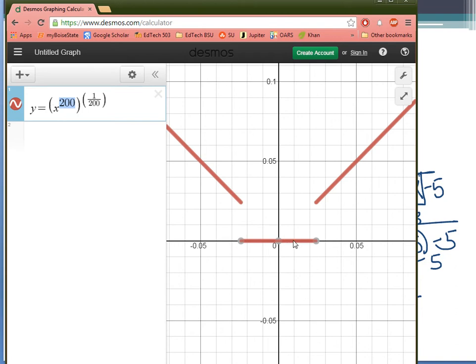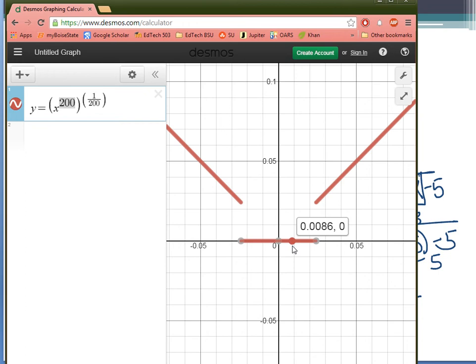If you take, in a calculator, any of these numbers, if you take that to the 200th power in a regular old calculator, it will tell you, I think that's 0, because it's so small.